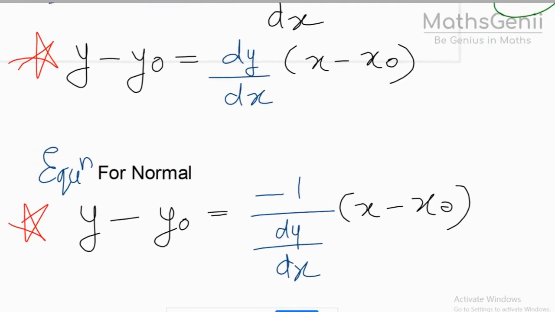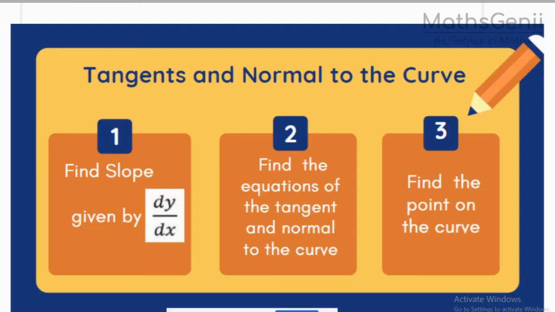Now, what are the types of questions that you might get asked in this tangent and normal concept? First, they can ask you to find the slope. Whenever they're asking you to find the slope, you will first find dy by dx, right? Slope is nothing but dy by dx.